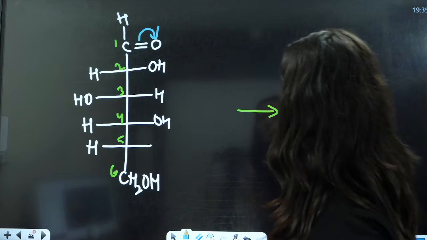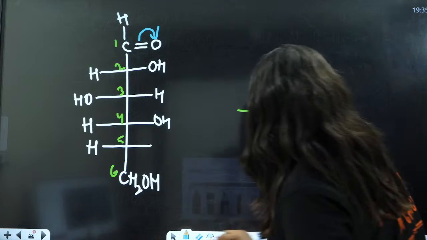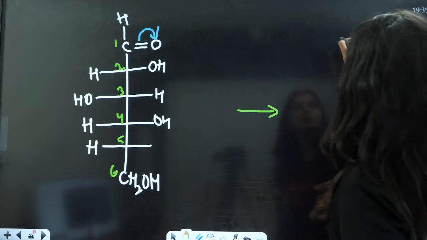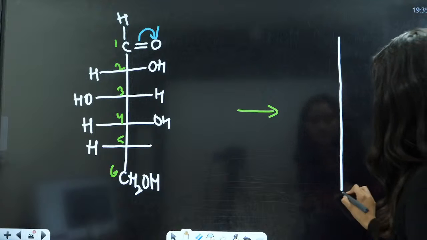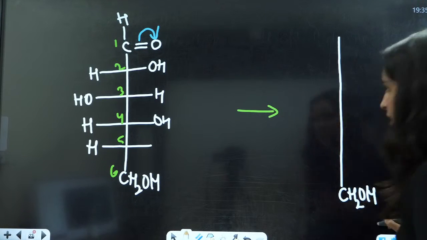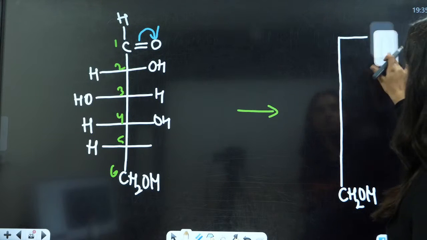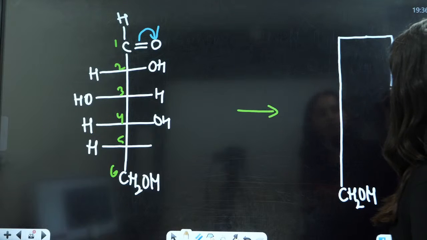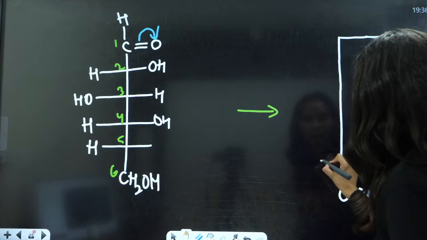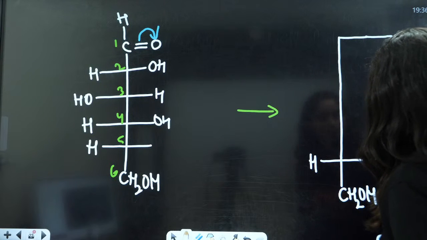Let me draw this. You have this CH2OH group here, and this carbon having oxygen will be ringed with this one. They will have H here, this is OH.